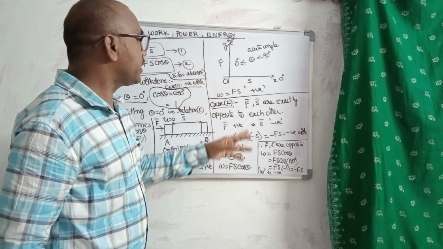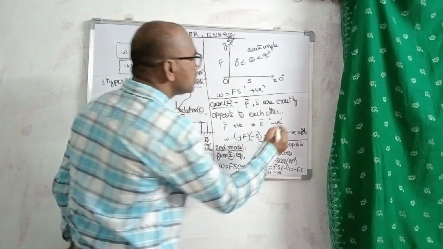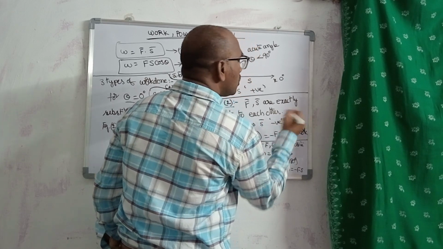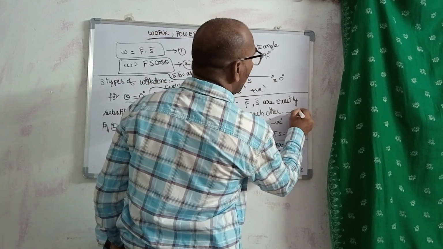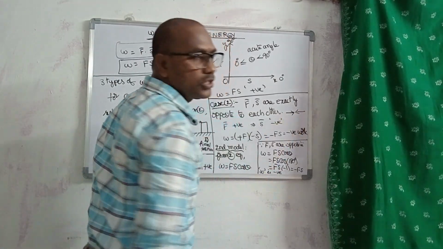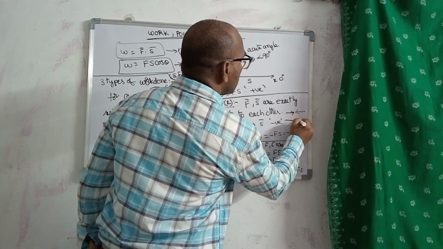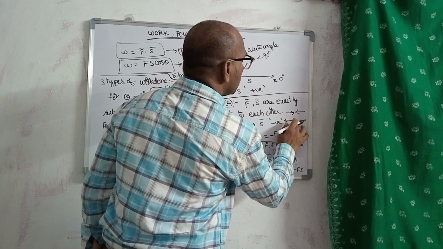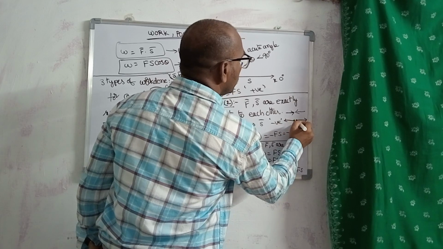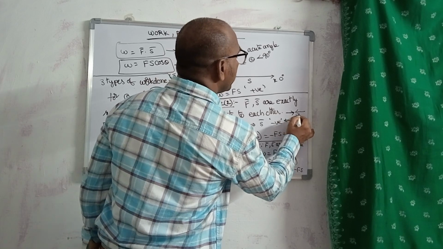Now come to case 2. F and S are exactly opposite to each other. That means if you are applying some force along the horizontal direction towards the right side, but the object moves in the opposite direction. So the angle between these two, one is force, another is displacement, equals 180 degrees.